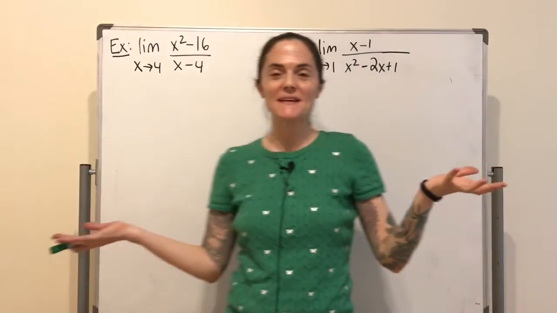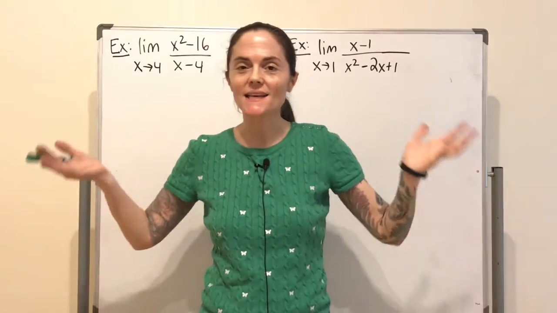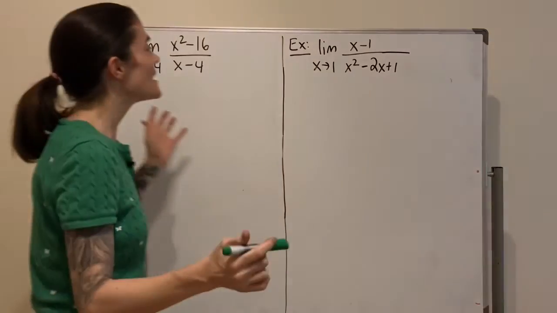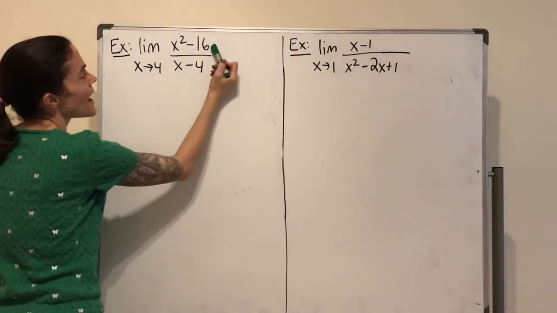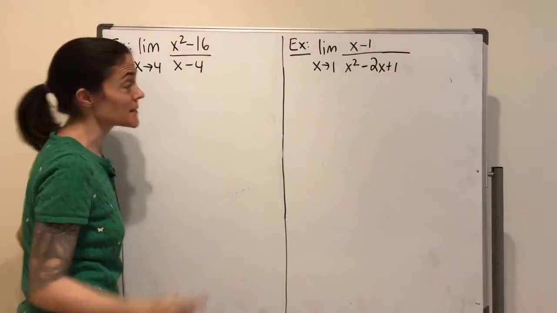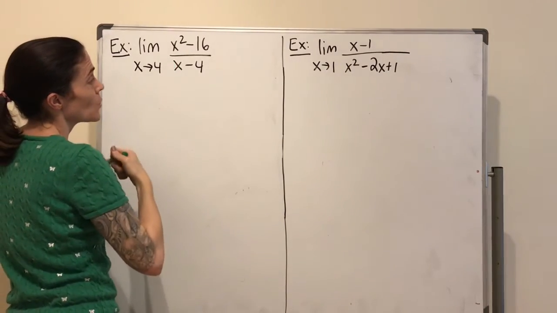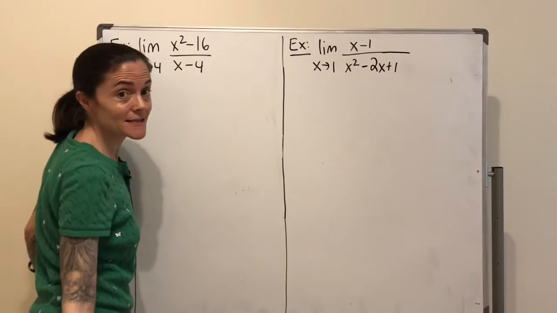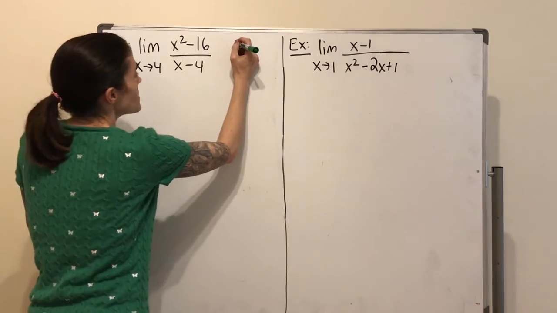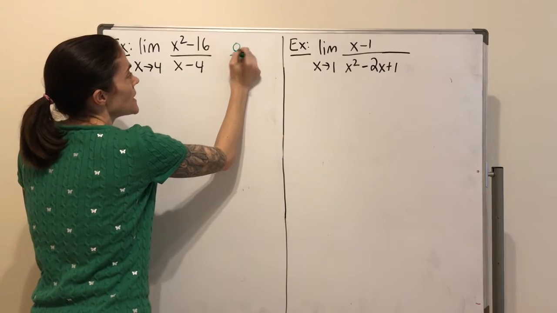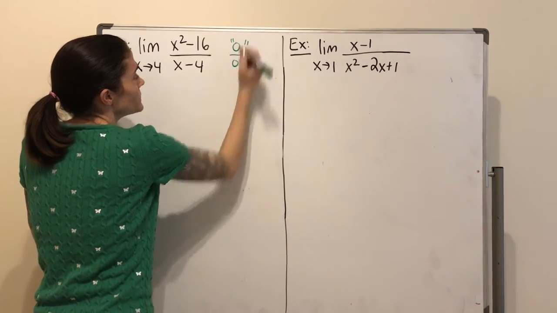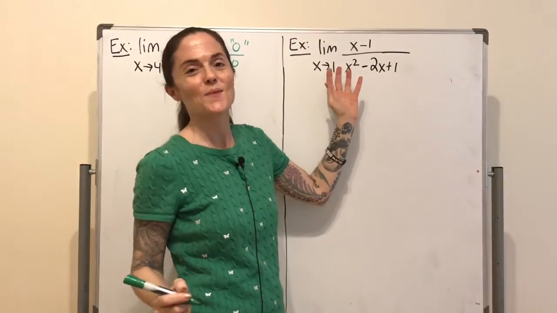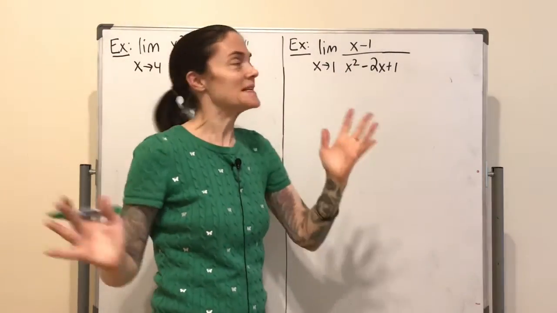Here are 2 limits that we cannot directly use what we could in the first 2 examples, because if you just try to evaluate the rational function at this x value, what happens? So we try to evaluate the numerator, we get 16 minus 16. The denominator, we get 4 minus 4, which we get this. Okay? And similarly, if you look here, evaluate the numerator at 1. 1 minus 1 is 0.